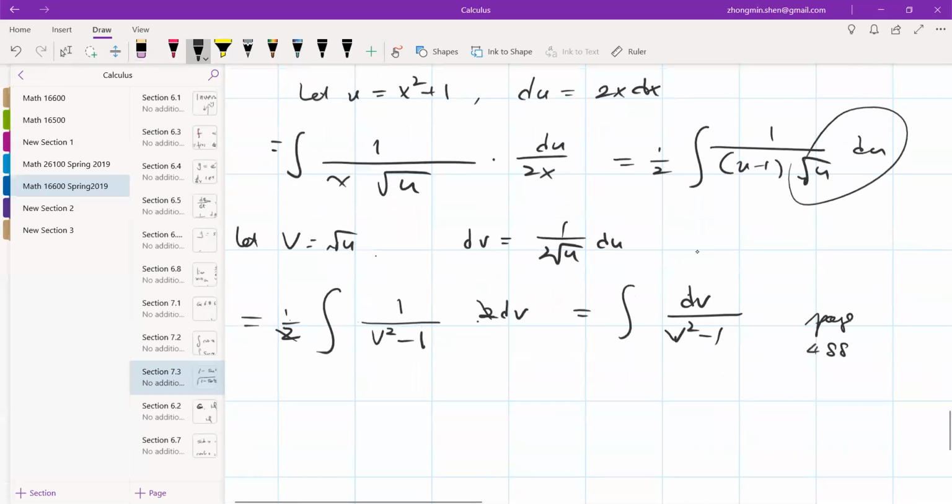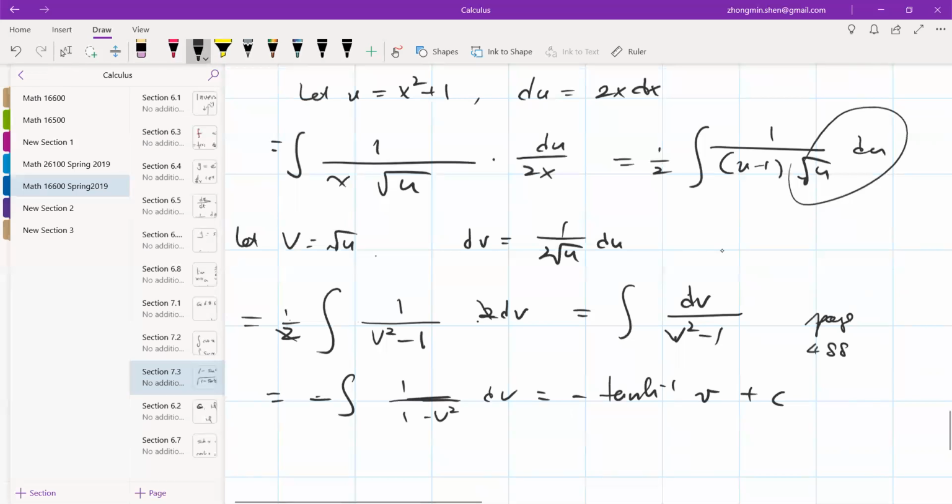On page 488, you are given the integral of 1 minus v squared dv, and this can be negative, right? It is going to be the inverse hyperbolic tangent.